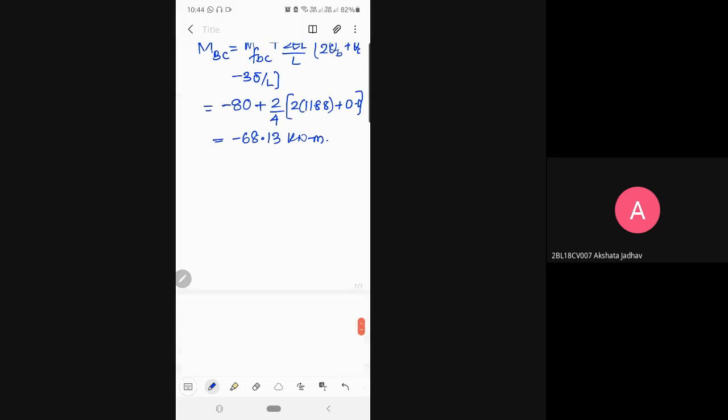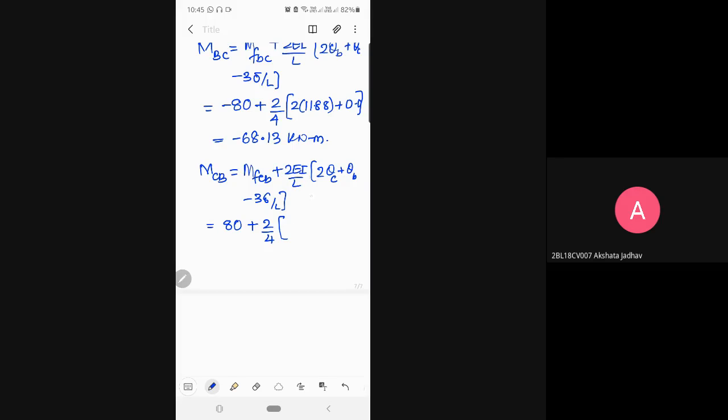Lastly, MCB. What is MCB? MFCB plus 2EI over L into bracket 2 times theta C plus theta B minus 3 delta over L. MFCB is clockwise plus 80, 2 divided by 4, 2EI theta C, 2 into 2.